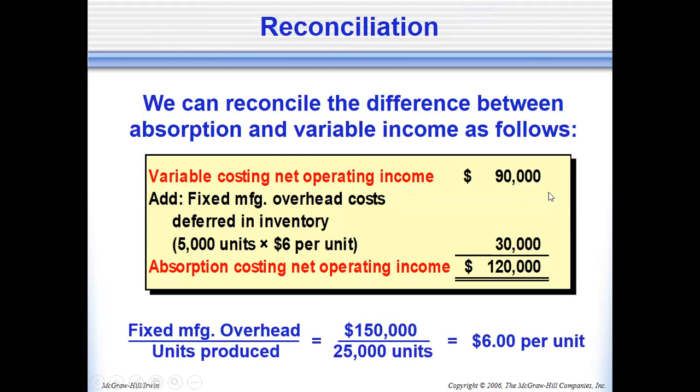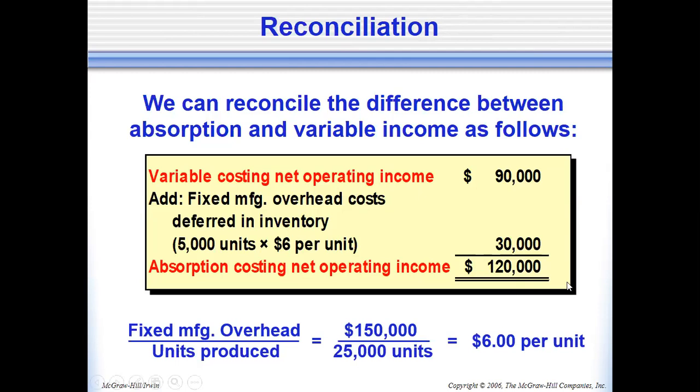So we have here 90,000 for variable, we add that to get the absorption, or we can do the reverse. Absorption is 120,000. Because production is higher than sales, the variable costing net income is lower by that amount.